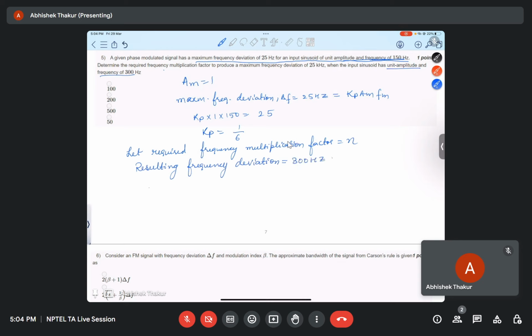So n into kp into Am into fm is equal to 25 kilohertz, the given maximum frequency deviation. So n we have to find. In this question, kp we have found, that is a constant, 1 by 6. Am is also given as unit amplitude, so it will be 1, and the fm value is given as 300 Hz.